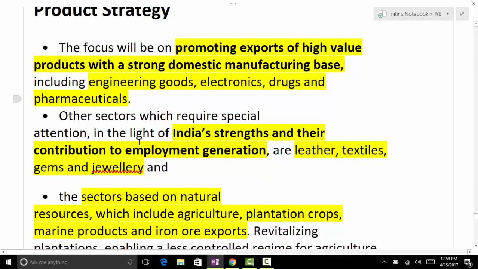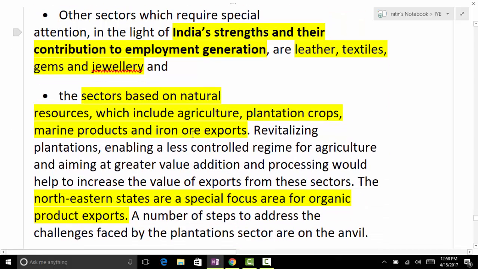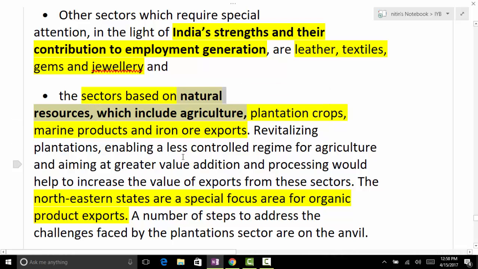Second is those sectors in light of India's strength and their contribution to employment, which are employment intensive, for example leather, textile. Then certain sectors based on natural resources, for example agriculture, plantation crops, marine products, iron ore exports.